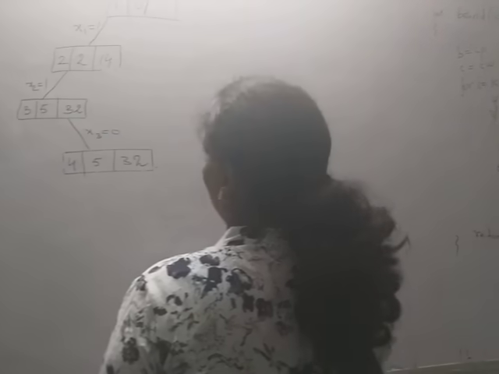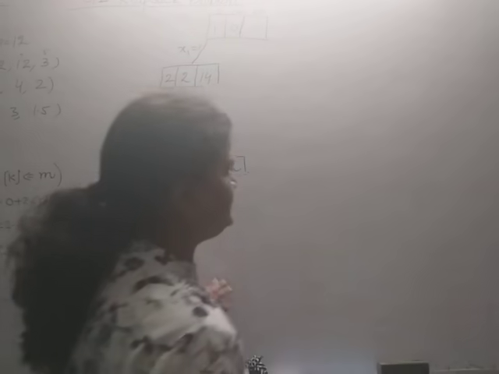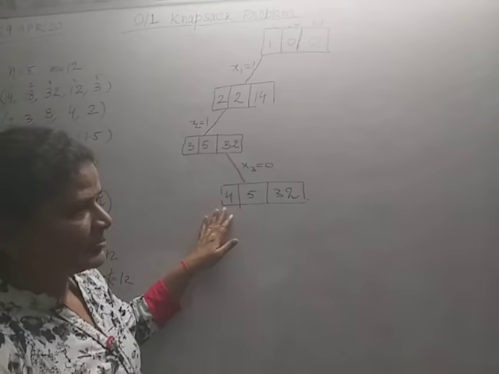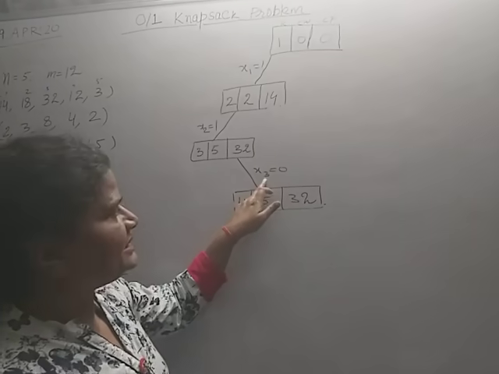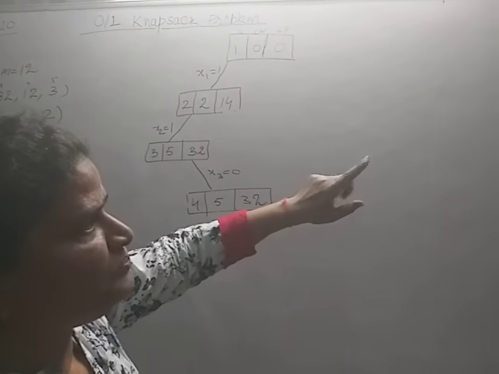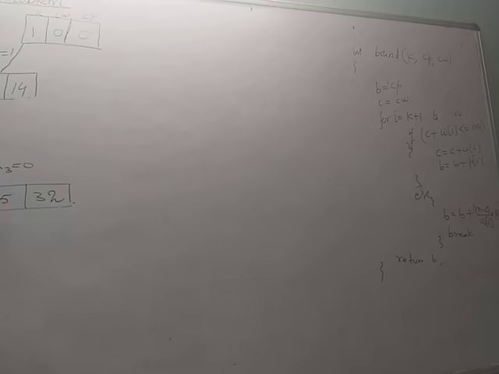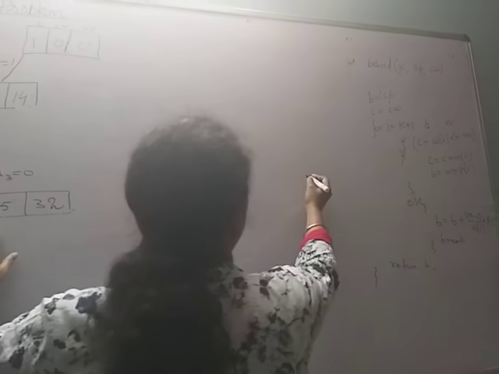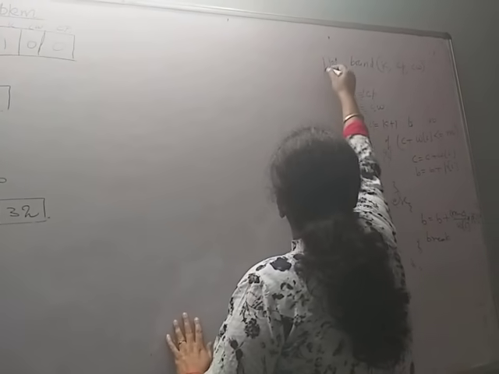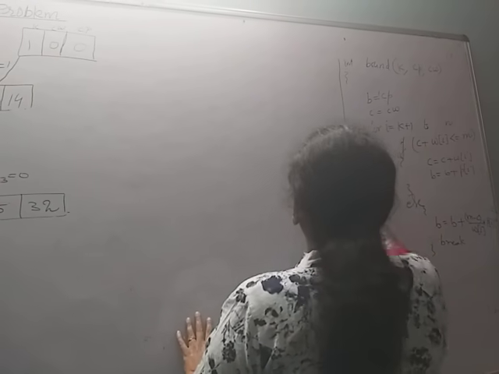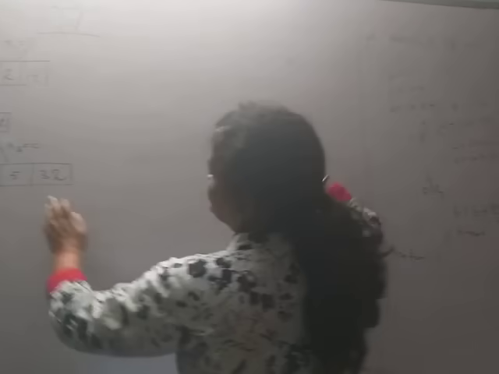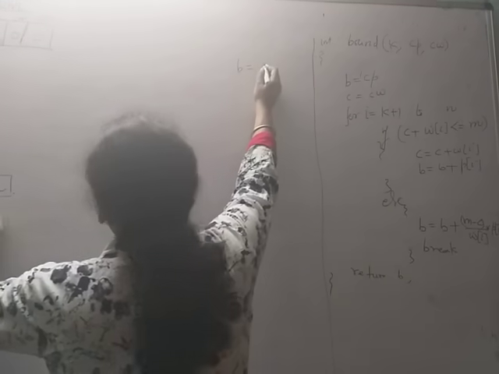Now see here, if I trace this algorithm, then b equal to cp, that is 32.